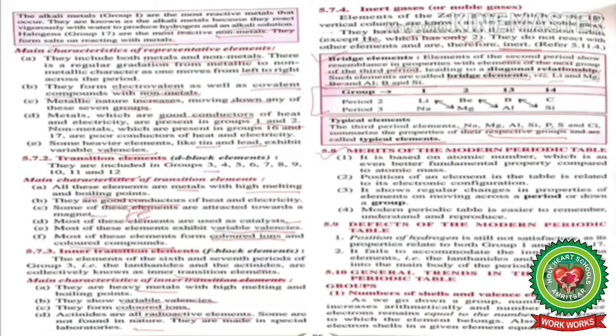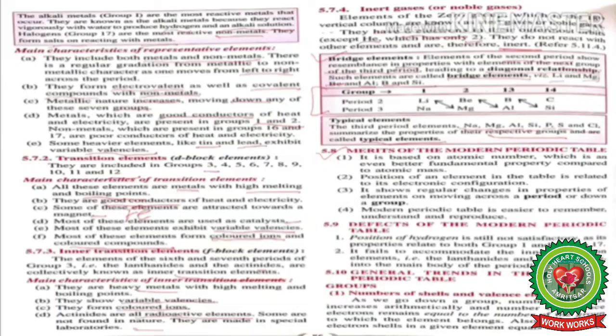Now, next is merits of the modern periodic table. Firstly, it is based on atomic number, which is an even better fundamental property compared to atomic mass. Secondly, position of an element in the table is related to its electronic configuration.